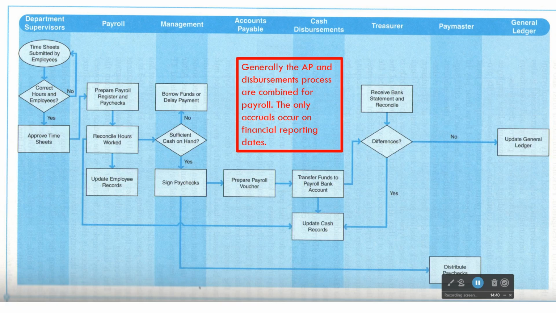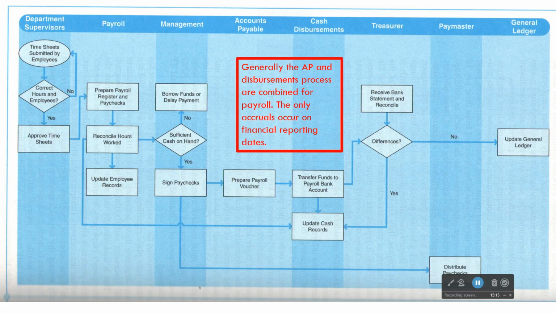Notice down here, under the cash disbursements lane, what we are doing is transferring funds to the payroll bank account before we actually cut the checks. They have management looking to see, do we have enough cash on hand? And if we have cash on hand, then you would today transfer the funds first before you would pay the employees. So there's this flow chart.